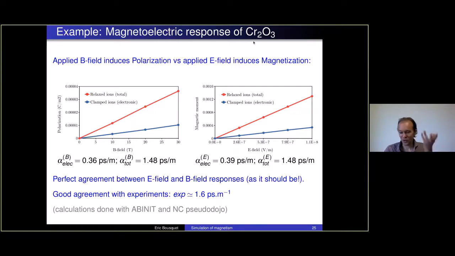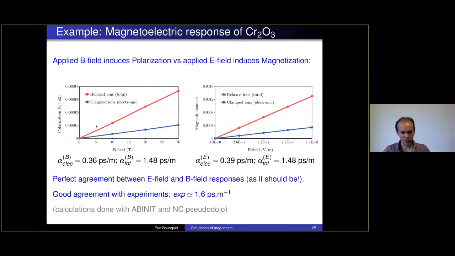Again, as I told you, chromium 3 plus in an insulator is quite easy to simulate, and that is what you observe here. This is the induced polarization under an applied magnetic field. As you can see, the polarization is really, really small, but you can get the resolution of it. For different amplitudes of magnetic field you draw the line, and the red curve is the total one.